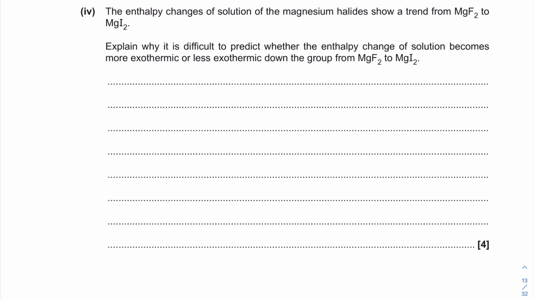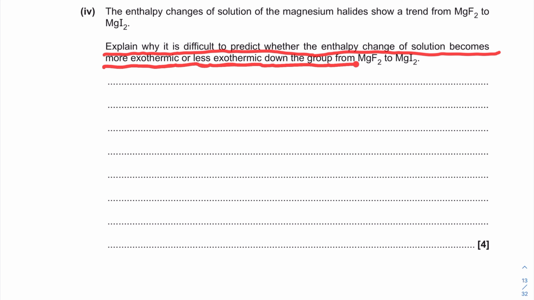And so we have the size of the ionic radius increasing, for fluoride being the smallest and iodide being the largest. So explain why it is difficult to predict whether the enthalpy change of solution becomes more exothermic or less exothermic down the group from magnesium fluoride to magnesium iodide.